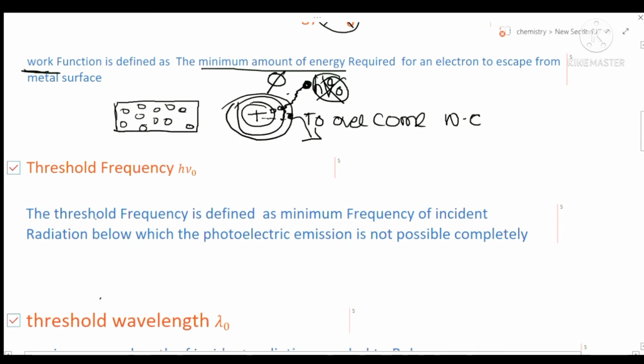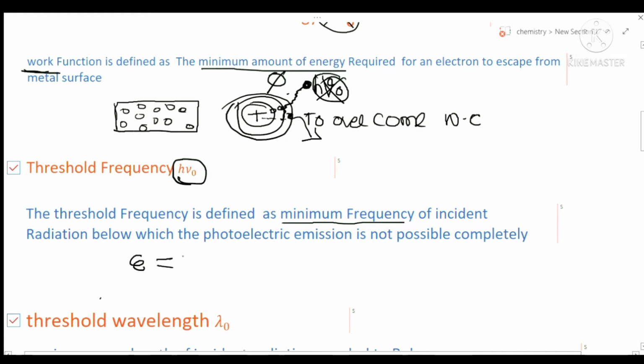Next, if you want to define the same concept in terms of frequency, it is called the threshold frequency, h mu naught. The only difference is that here we define in terms of energy, and there we define in terms of frequency. The threshold frequency is the minimum frequency of incident radiation below which photoelectric emission is not possible at all.